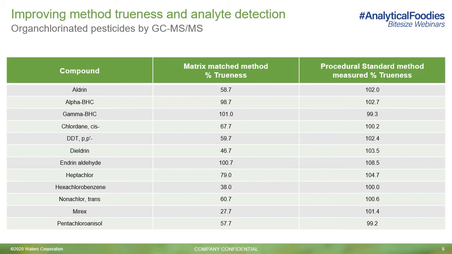So in using procedural calibration, we've not reduced matrix effects, nor have we improved the extraction efficiency of the extraction method. However, we can quantify our analytes more accurately without the need for isotopically labeled internal standard to correct for poor analyte recovery.